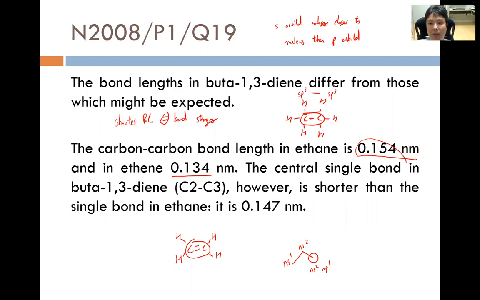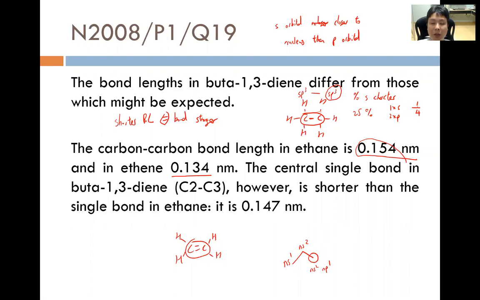The sp3 orbital is formed by mixing one s orbital and three p orbitals. If you count the percentage of s character, which is the percentage of the sp3 orbital that is formed using an s orbital, it's 25%, because we use one s and three p, so it's 1 over a total of 4 orbitals.